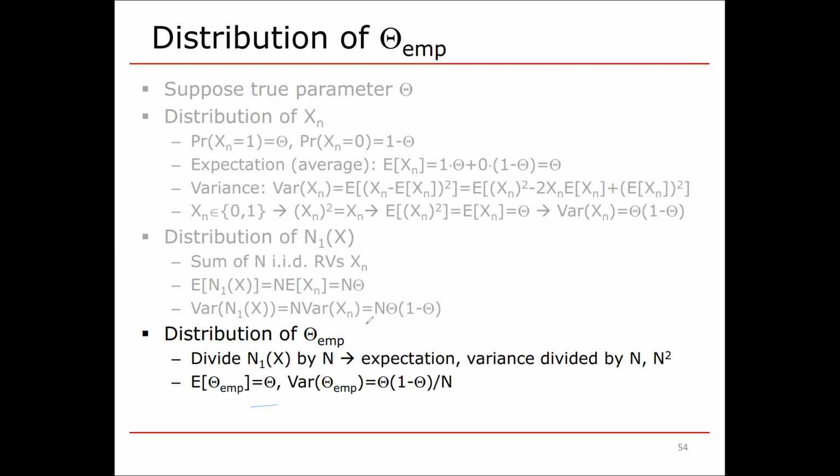So we had n times theta times 1 minus theta divided by n square gives us theta times 1 minus theta divided by n. So this n goes away, and we're left with n in the denominator. Bottom line, the empirical variance, and this is the important point, its variance is proportional to 1 over n.